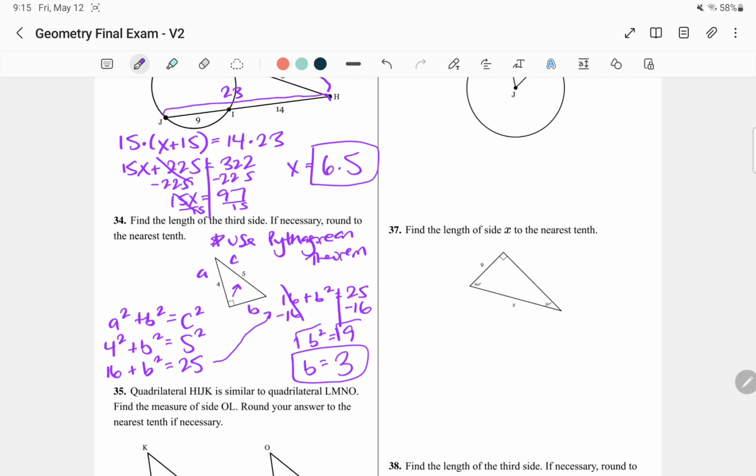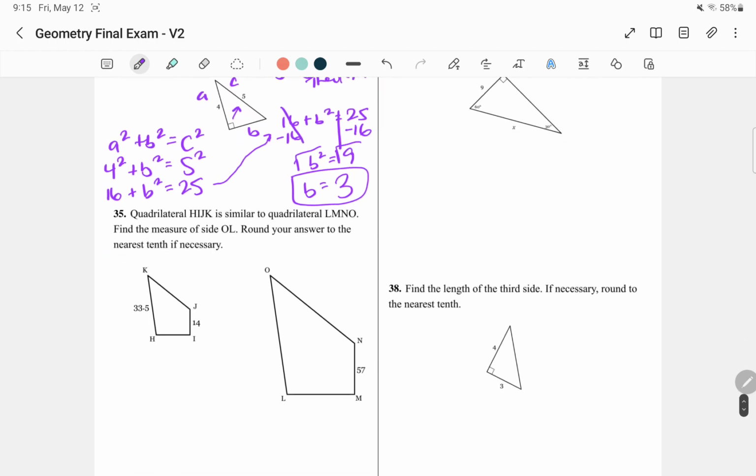All right, number 35, quadrilateral HIJK is similar to quadrilateral LMNO, which means I can set up a proportion. To find the measure of side OL, which is right here, I'm going to go from left to right, just stay consistent. So 33.5 over X, right? This side matches up with this side. How do I know?